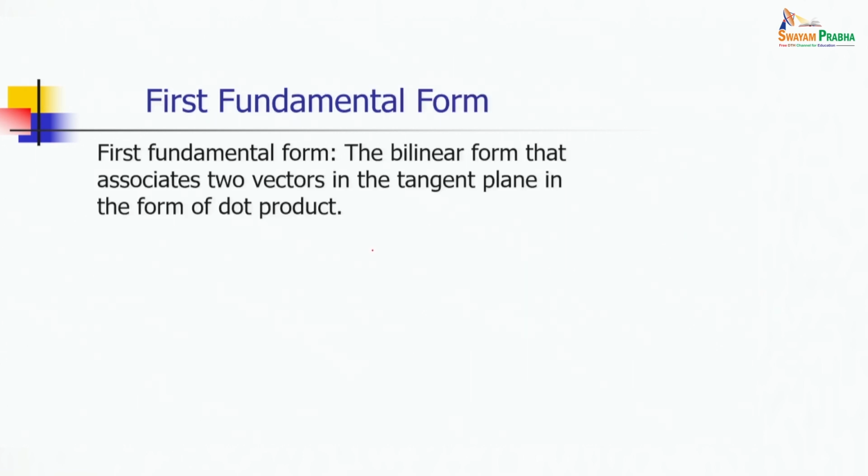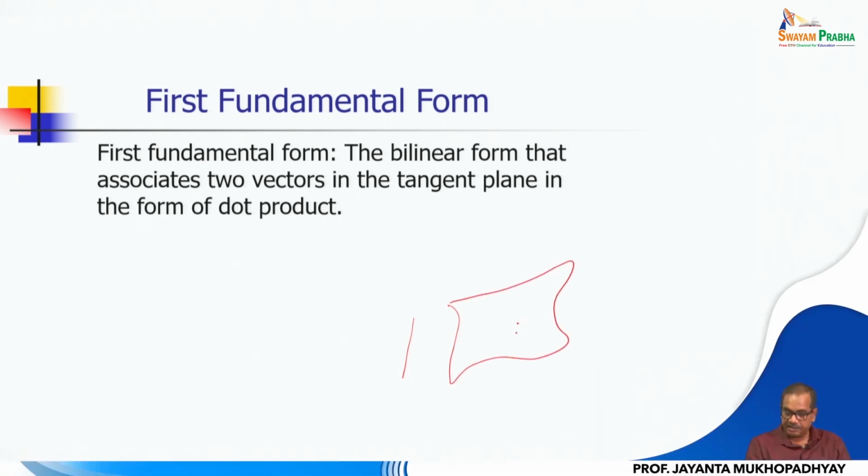Now there are two particular entities which we would like to measure for this curve. Say I have a parametric surface and suppose at a point there is a curve. At this point I would like to measure the magnitude of the tangent. So how do you express it for any arbitrary curve at this point? We can show that this could be expressed by two factors.